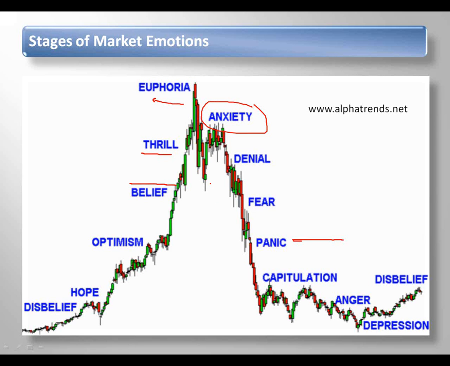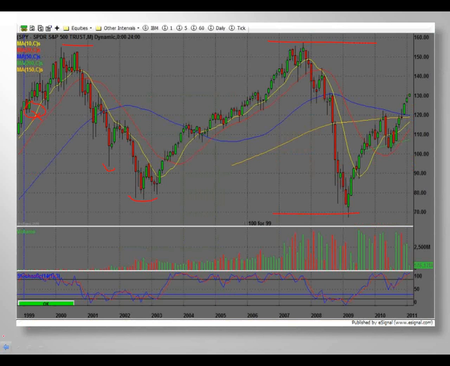In the belief and thrill, they start to exit, and then we go back to capitulation, and then whoever's left in the market becomes angry and depressed, and then the cycle slowly starts to build on itself again, back to disbelief, and we can start the cycle all over again. So, literally, I think this chart really exemplifies that. It's exactly what we've gone through in this country over the last 10 years, this type of backdrop.